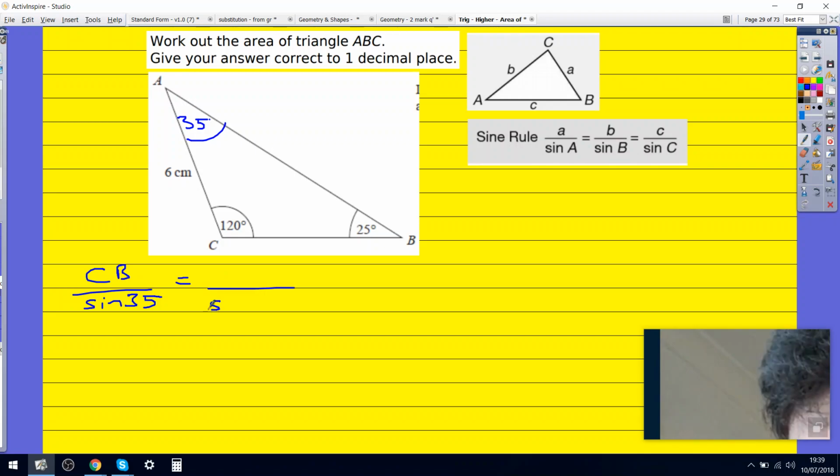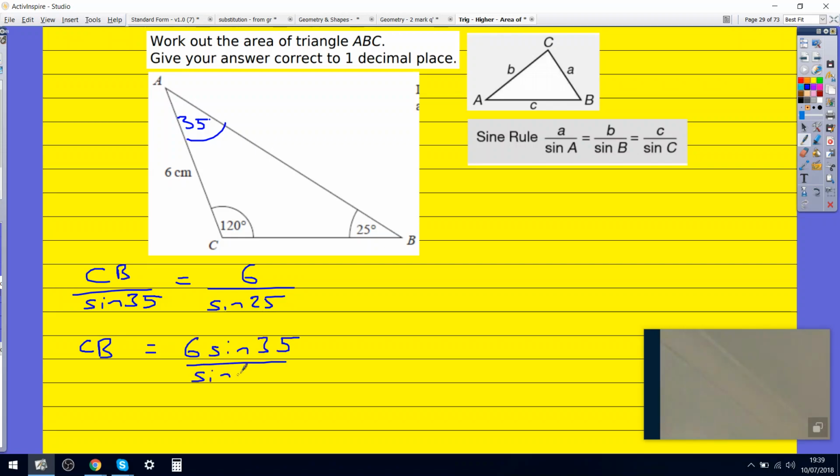And then x equals just 6 sine 35 over sine 25, which gives us 8.143. Yeah, that's fine. Then we got the length of that side.